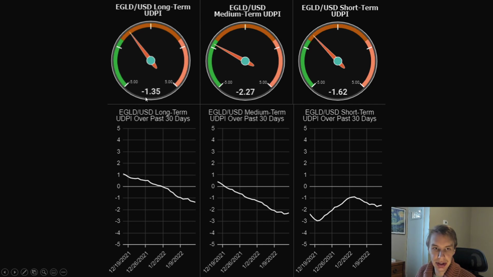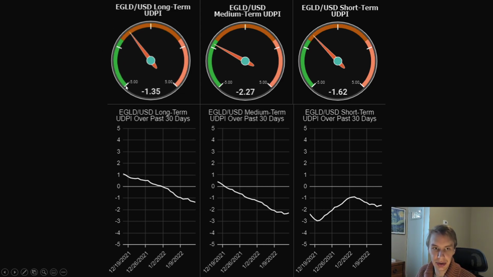And what we can note is that everything is negative, but it is interesting to note that the long-term UDPI is a little bit higher, which suggests that in the longer term, there is realistic downside potential that could be realized, maybe a little bit more than what's realistic in the medium term. But it's still saying that overall the risk-reward ratio is positive at the current stage for EGLD right now, that there's more upside potential that's realistic than downside.